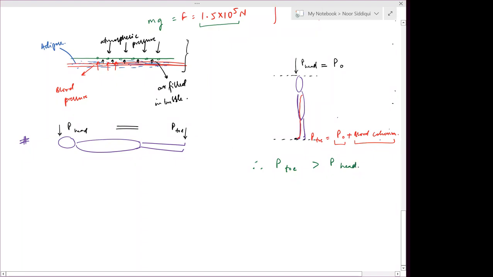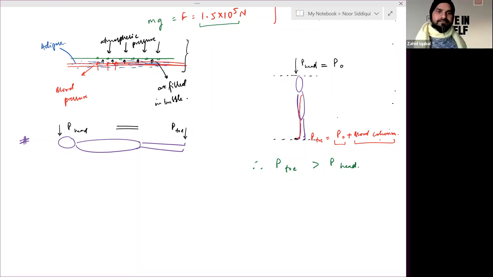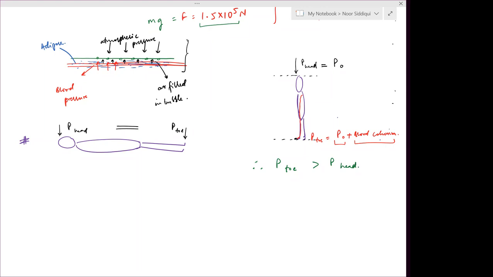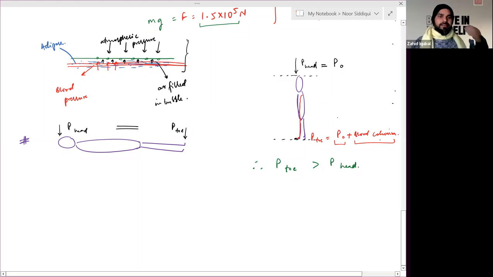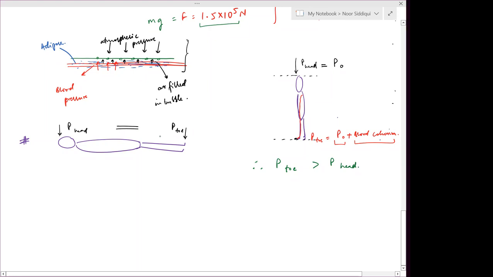But this is only for when you're vertically standing, right? Yeah. And what about when the person is lying down horizontal? So pressure will be same at all positions, since there is no vertical column in this lying state. Okay, sir.